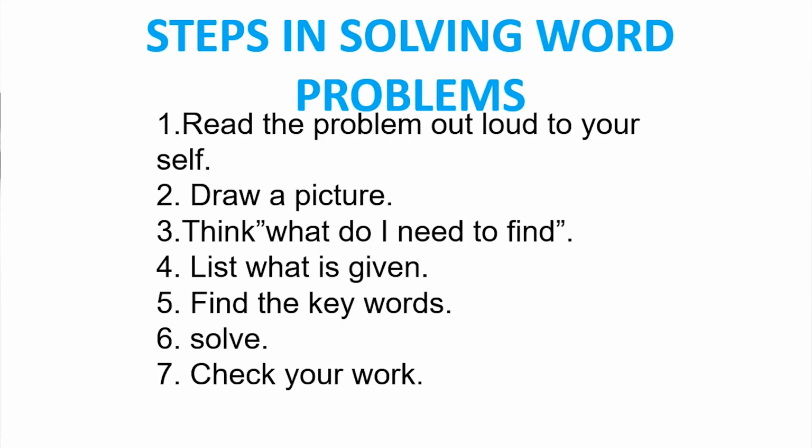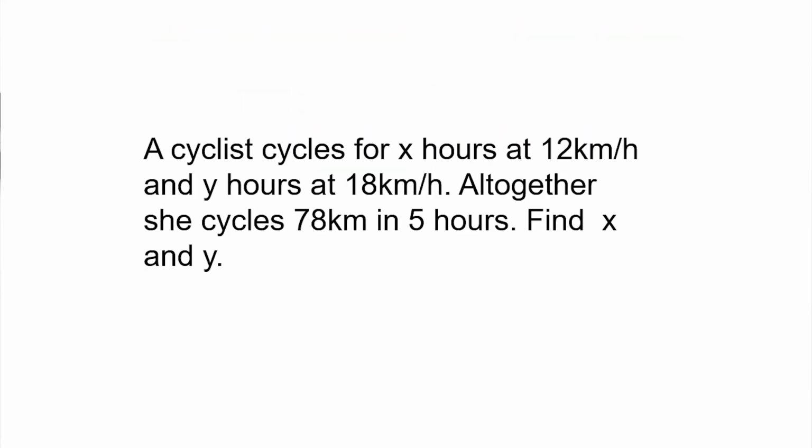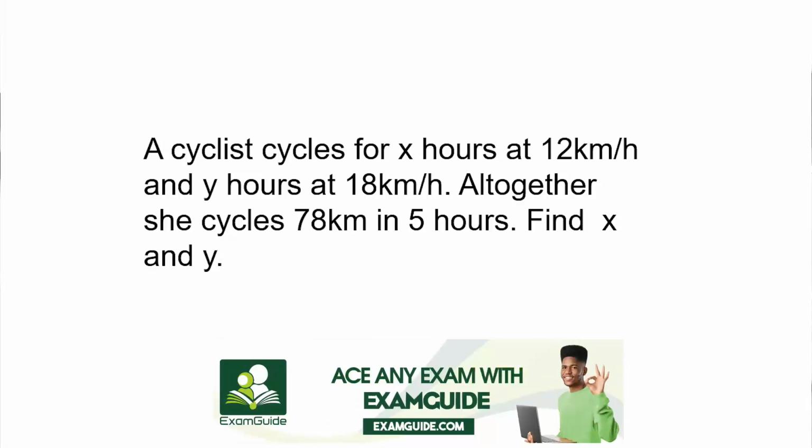Still the same sample? Okay. This one now is dealing with cyclists. A cyclist cycles for x hours at 12 kilometers per hour and y hours at 18 kilometers per hour.